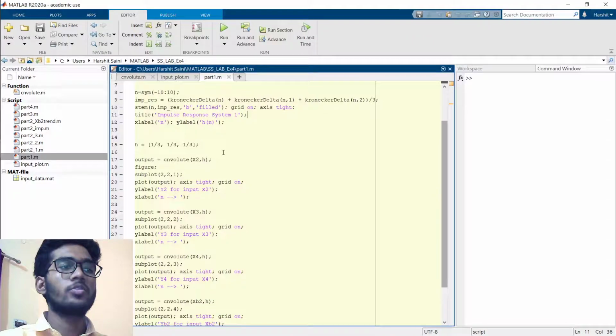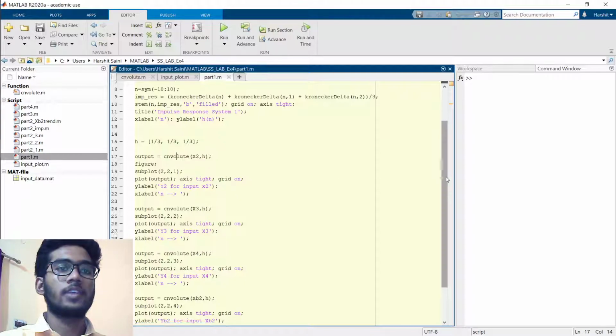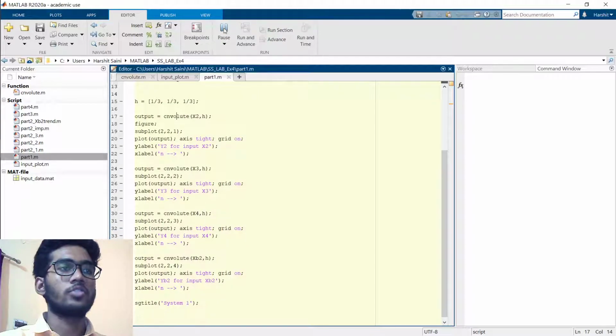Then we create a matrix h equals 1/3 to perform convolution using the convolve function, and we pass the input signals as one argument and the impulse response as the second argument, and we plot them and get our convolution.